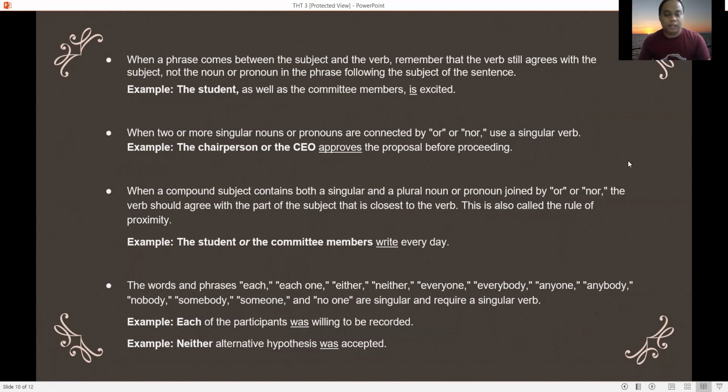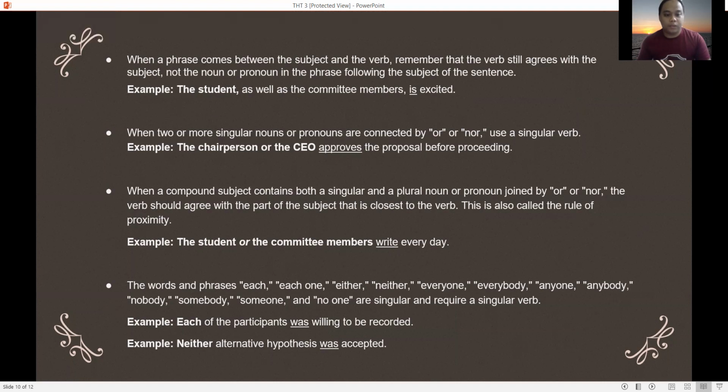Okay, the next one, when a compound subject contains both a singular and a plural noun or pronoun joined by or or nor, the verb should agree with the part of the subject that is closest to the verb. This is also called the rule of proximity.